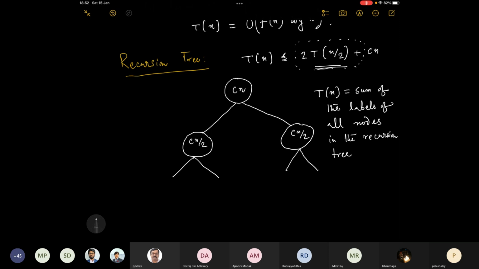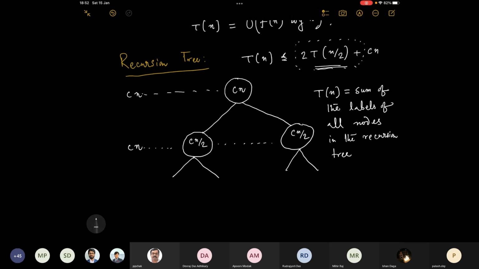Often it is convenient to compute the time level by level. In the first level, the time spent is Cn. In the second level, there are two nodes, but the work done has also halved, so Cn/2 each, and in total the second level is Cn.